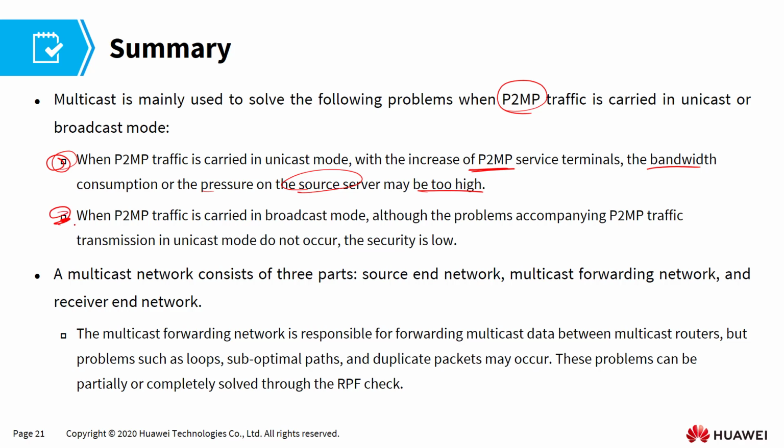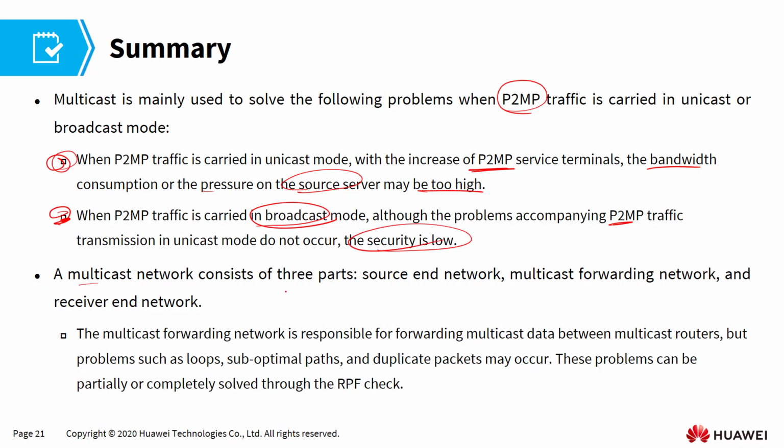If we are using broadcast mode, there is a security issue, as users who don't subscribe to the source are going to be receiving the traffic, which is low security.